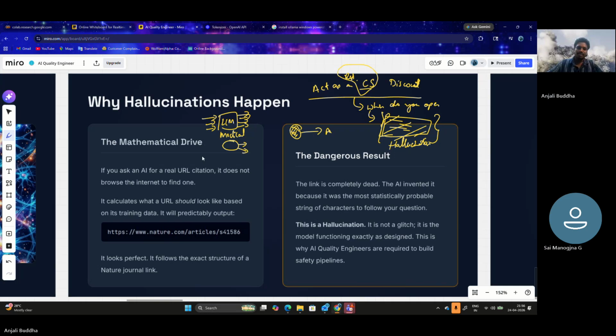Let's just say there is a person, P1, who asks my model, what is paracetamol used for? We usually know it's an antibiotic, and whenever there is a fever or something, we just take paracetamol. As simple as that, right? It's not a complex, very serious tablet.